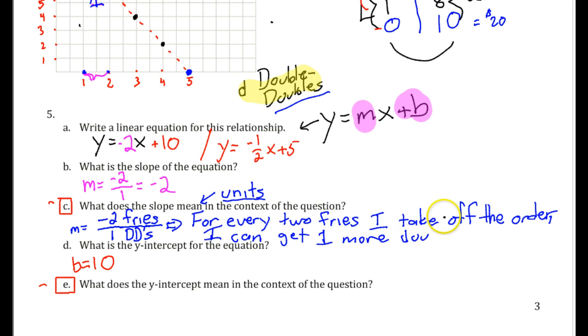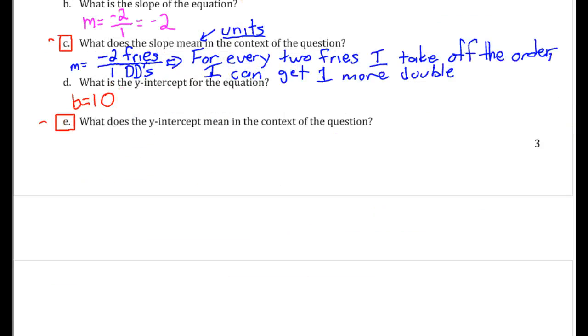Something to that effect that shows you understand that 2 orders of fries is the same as 1 double double. So if I take off 2 orders of fries, I can get 1 more double double. There's probably a better way to say this and phrase this, but try to come up with it.